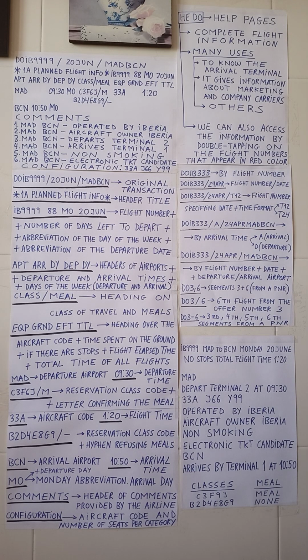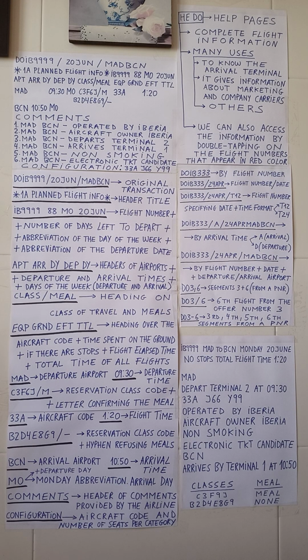It would be the result of having added up all the existing seats in the letters within each of the 2 categories. The letter J and the letter Y are the first letters of 2 specific categories of the availability map, which could be business and tourist. I recommend you again to watch the video I made before to better understand it.